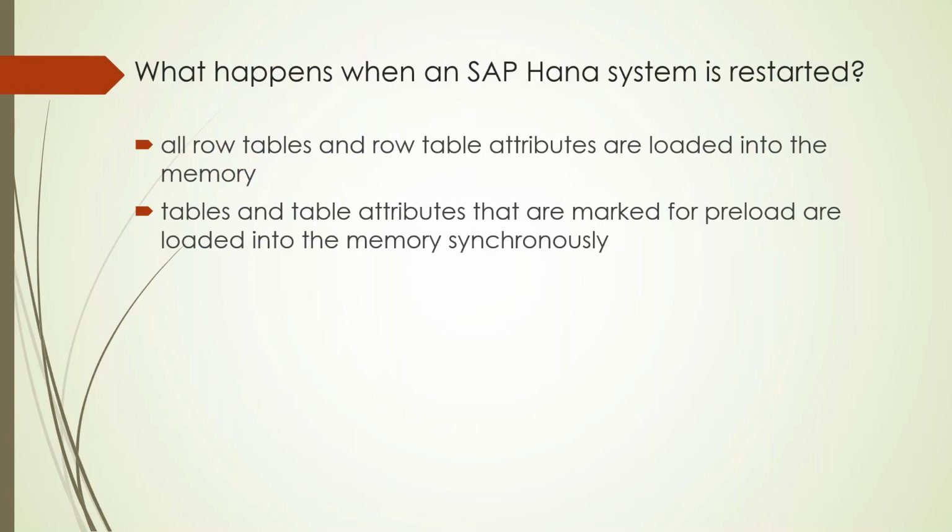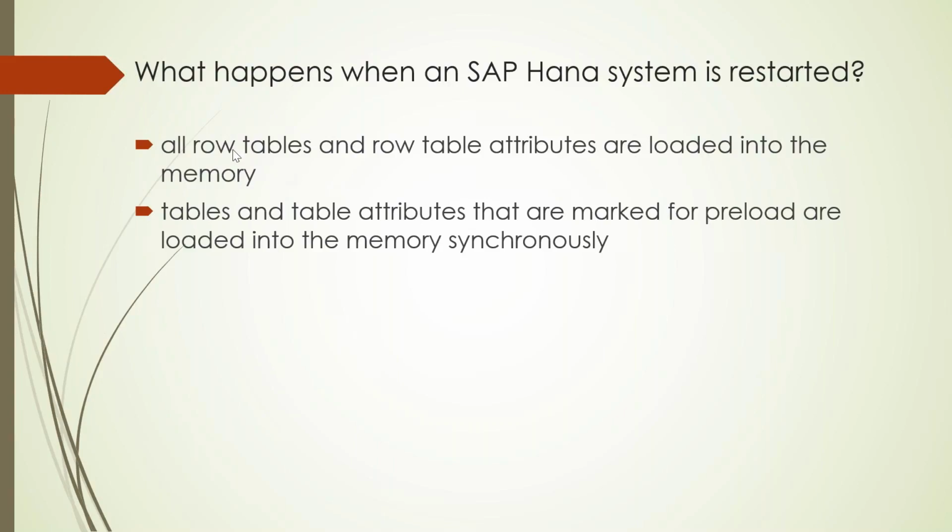So what happens when the SAP HANA system is restarted? All the row tables and the row table attributes are loaded into the memory first. The tables and table attributes that are marked for preload are loaded into the memory synchronously, and then lazy loading is done. This is an interview question: what happens when the SAP HANA system is restarted? It is most commonly asked in interviews.